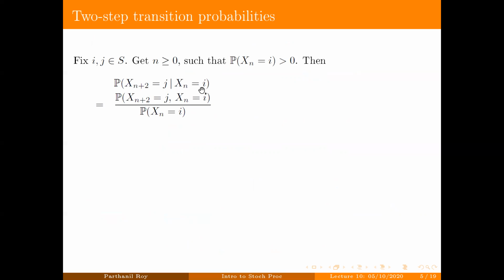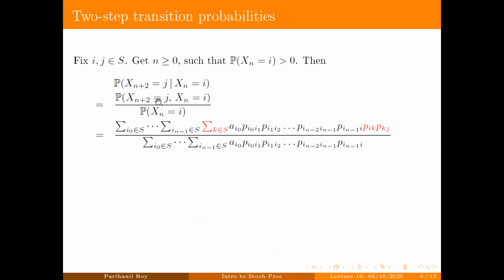So the conditional probability is just this ratio, and this is well defined because of our choice of n. Now we'll just put in the values of numerator and denominator. Denominator is exactly what we had, and numerator is also exactly what we had in the previous slide, except that I have used a different color here.